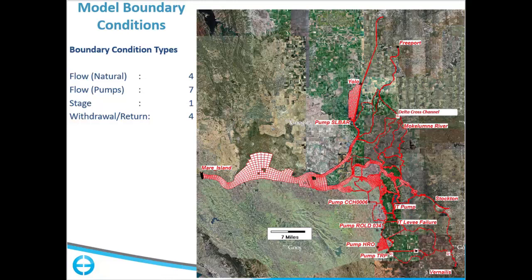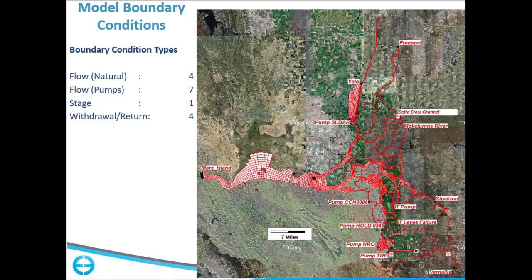So this is the overall model domain. You can see it's so many networks, and the water in different regions were regulated by pumps. So the pump would be used to regulate water throughout the system. So this is the open boundary over here, so it's connected to the sea, where you have waves coming in, and there are seven pumps that are being used.